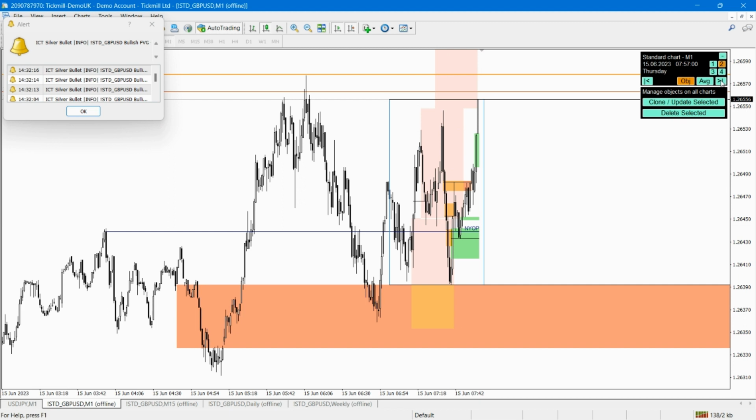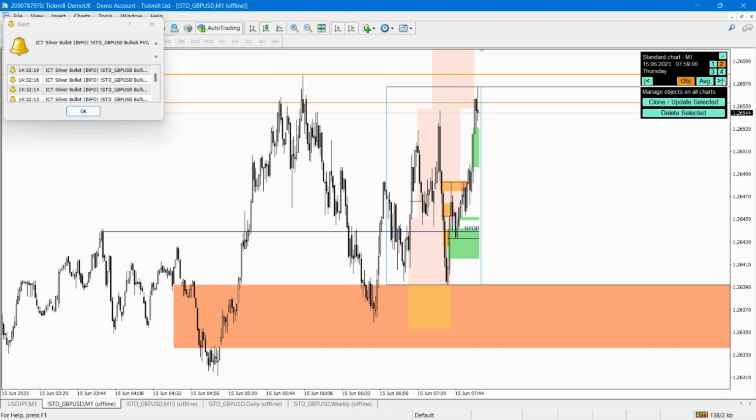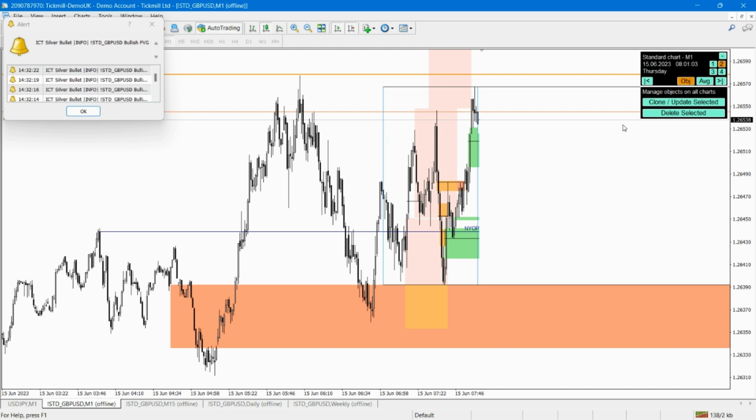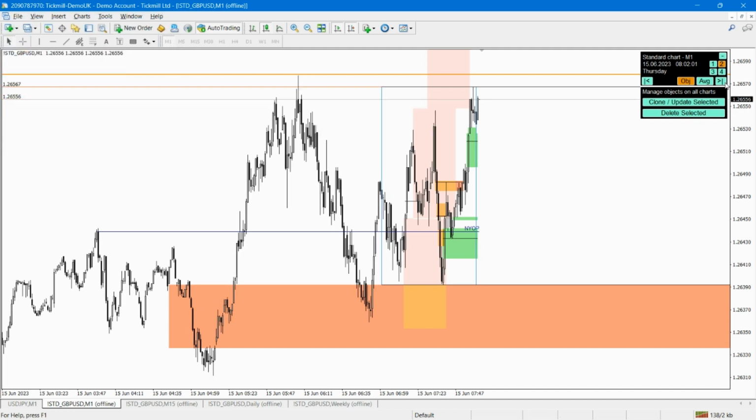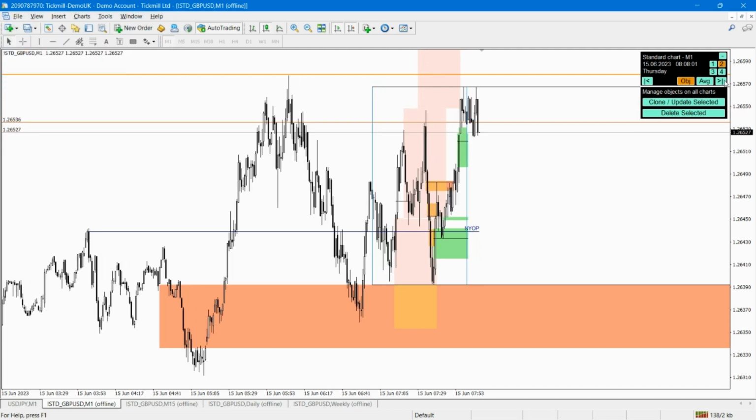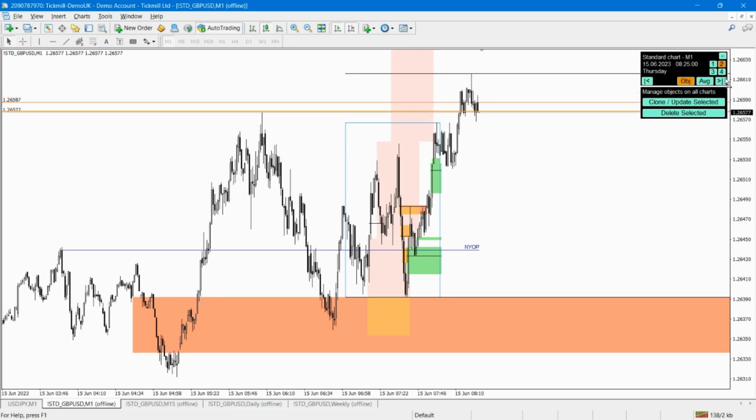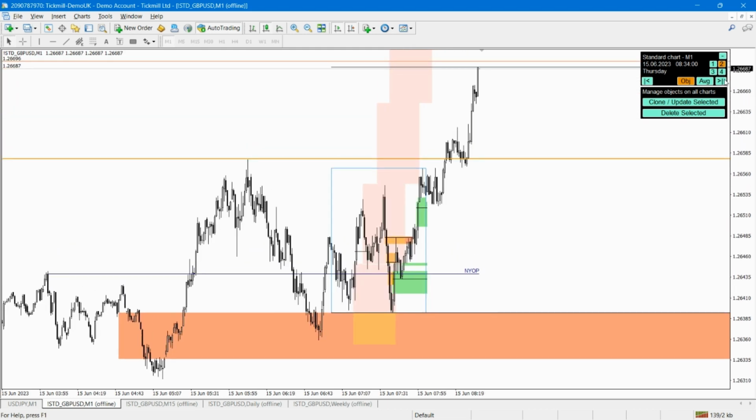And here I have my first R. Here I hit my 2R.